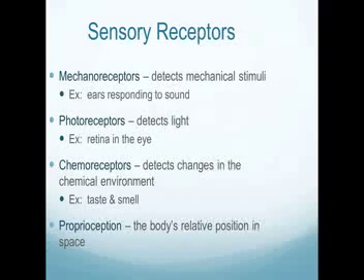Chemoreceptors respond to chemicals that cause a change in the chemical or molecular environment, which cause a sensory action potential to be created. We see those in taste and smell, and I'll talk about those today. And then proprioception, this is a type of sensory receptor where the body is aware of its relative position in space, meaning if I were to raise my right arm, it would know that, hey, my right arm has been raised and it's raised over here, and so forth.